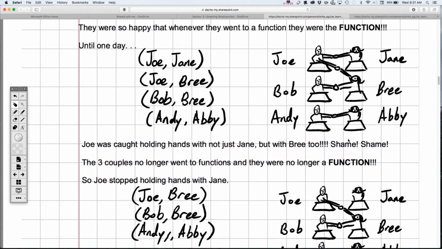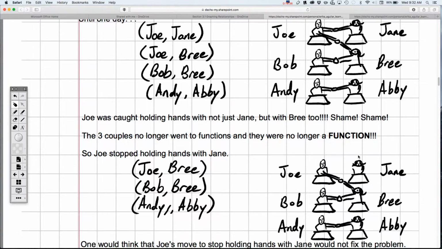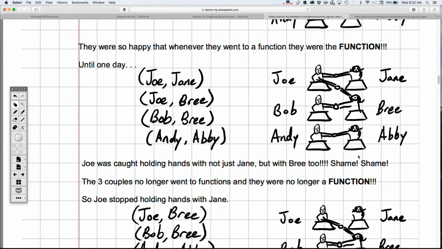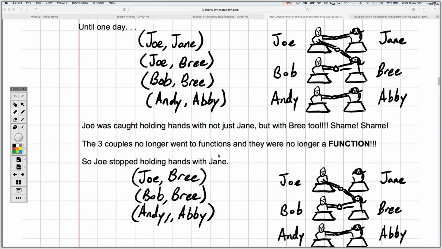Jane. So when Jane held hands, they weren't allowed to. Okay, so hold on. I was confusing myself with all the names. I work in numbers, guys. I don't work in names.